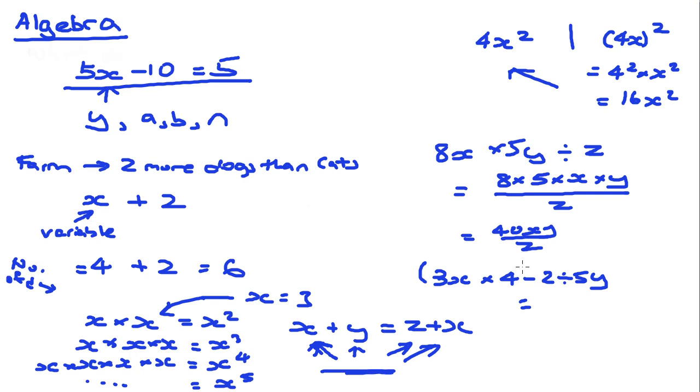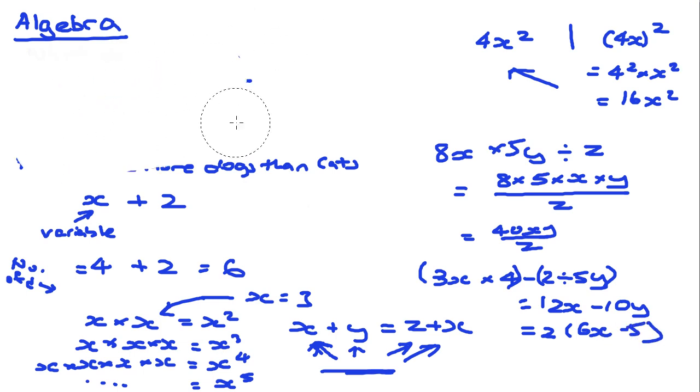You have to give it imaginary brackets around the multiplications and divisions, separating them from the additions and subtractions. So you must do the multiplications first, then you can do the subtraction. In this case it's 12x minus 10y. This will be the answer. And you can even simplify further if you take out the 2. So it's 2 times 6x minus 5.